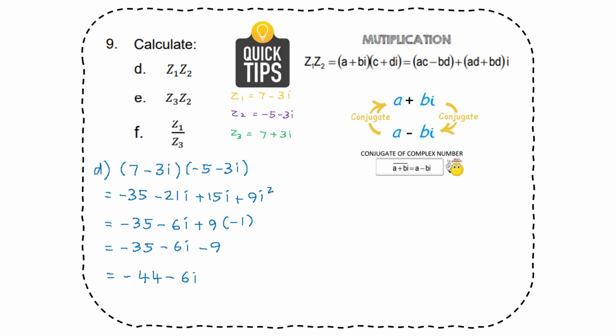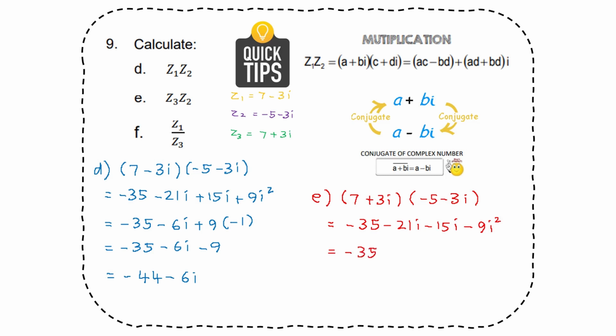For question E, Z3 times by Z2. 7 plus 3i times with negative 5 minus 3i. So here we'll have negative 35 minus 21i minus 15i minus 9i squared.